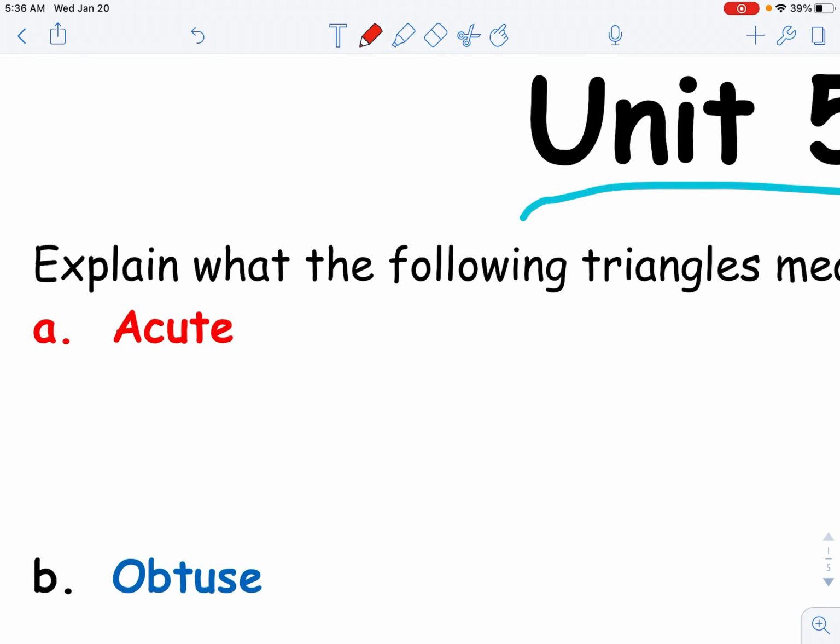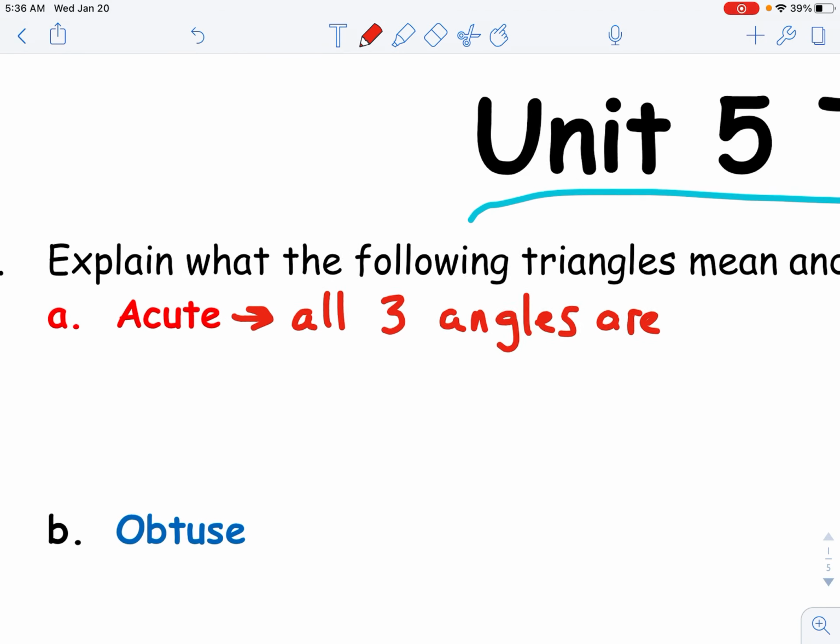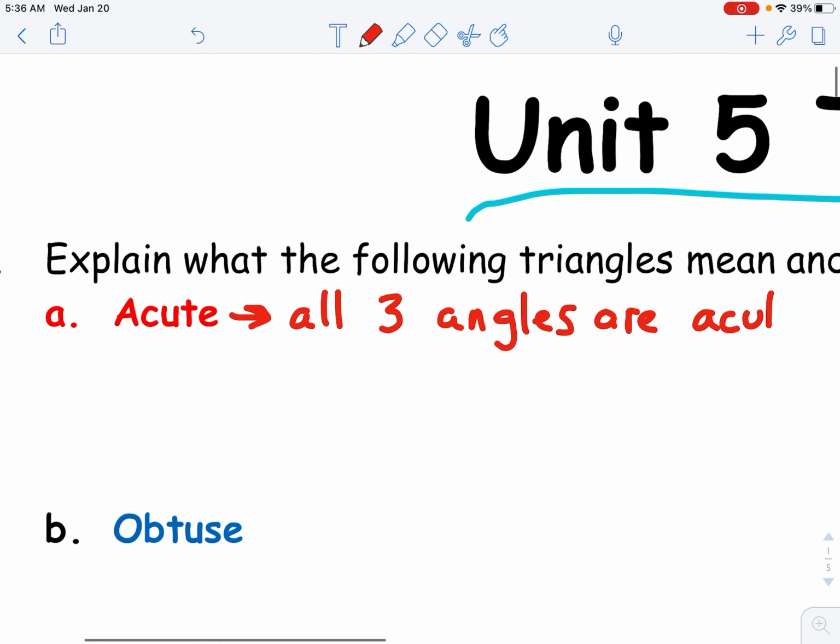So acute, this is a triangle with all three angles acute. That's it. That's the only qualification. Alright? So it's going to be something like this.